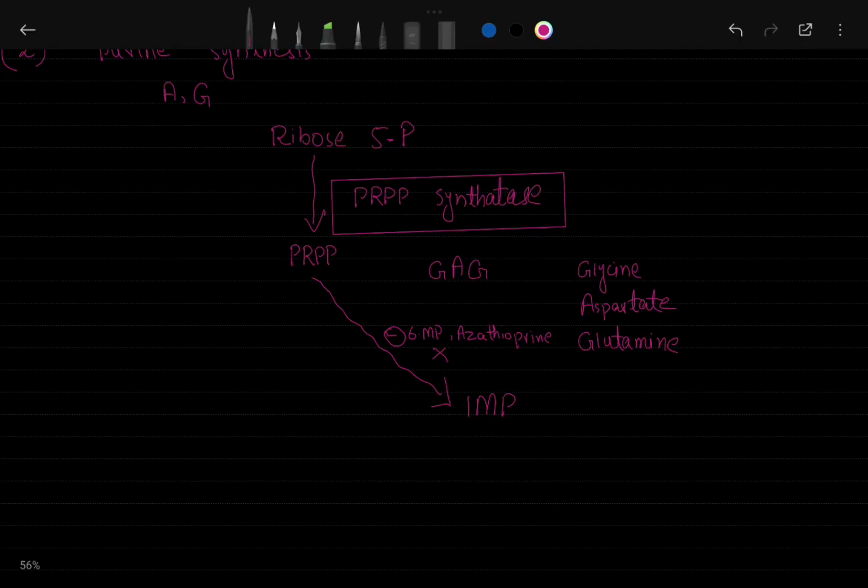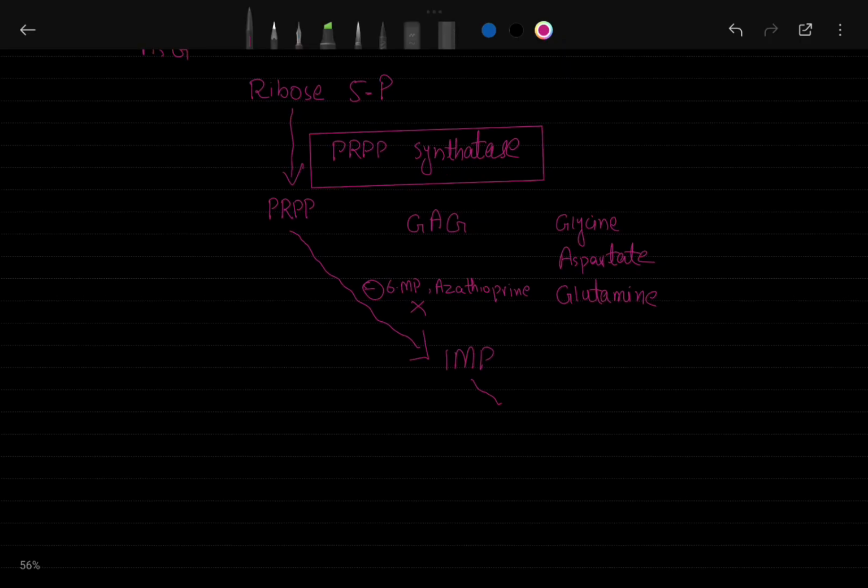It splits further to become either AMP or GMP.